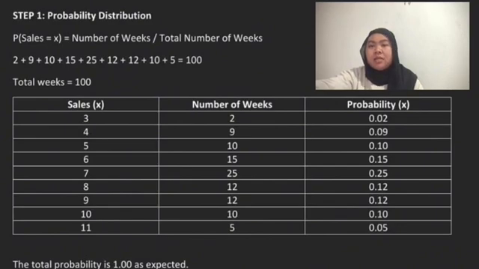Similarly, for sales of 7 heaters, it occurred in 25 weeks, resulting in P(X=7) = 0.25. The total probability, as expected, sums up to 1. This confirms that our probability distribution is valid. It's essential to understand this baseline before moving to simulation or cumulative probabilities.